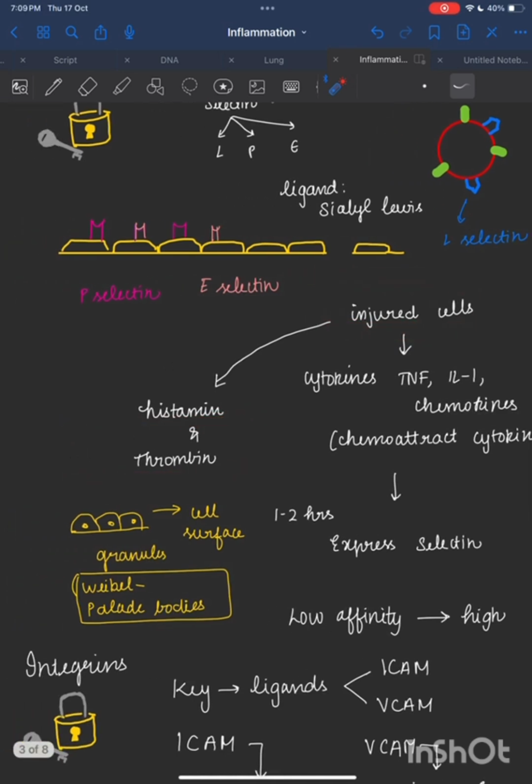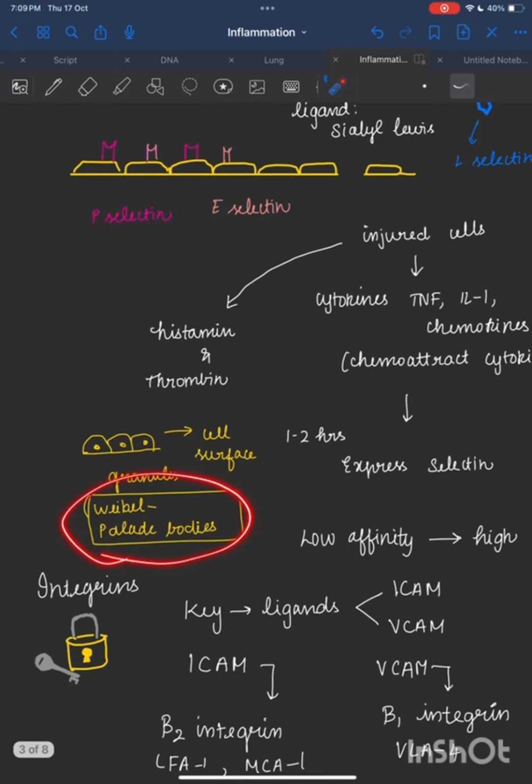Histamine and thrombin will bring the preformed selectins, the Weibel-Palade bodies, from the granules to the cell surface. It means it is getting expressed there.